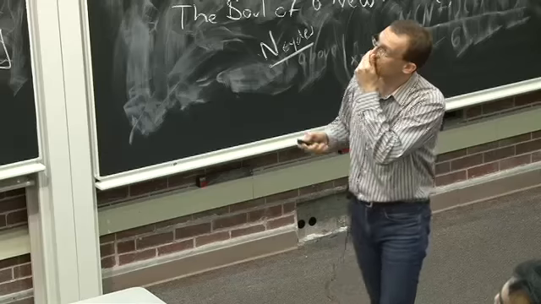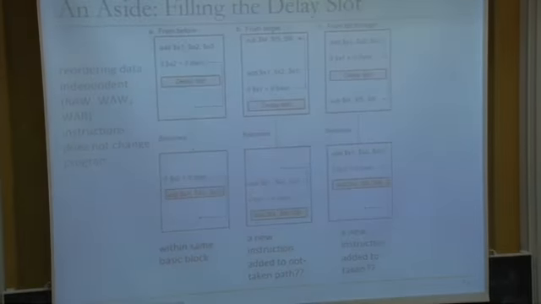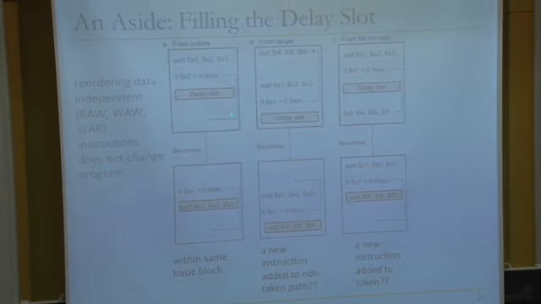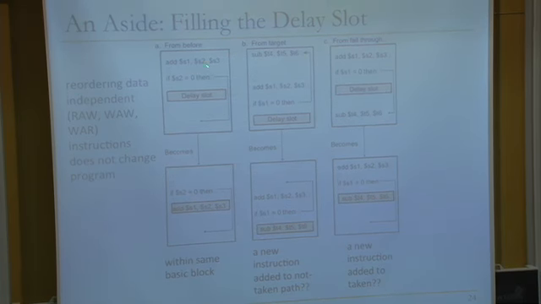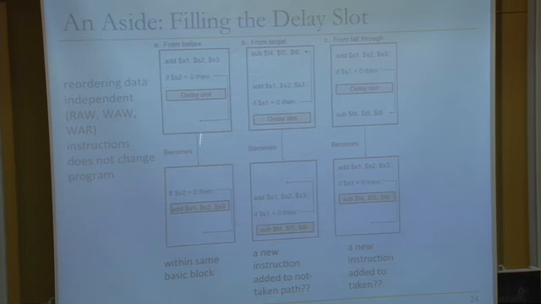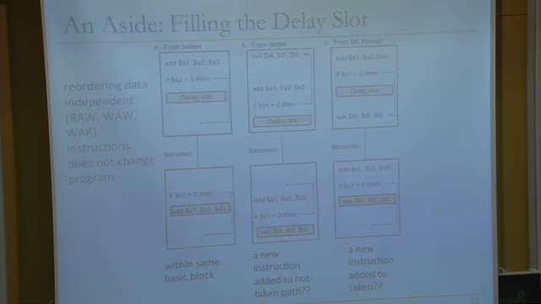Okay, so just as an aside, this is from your book, there are ways to fill the delay slot by doing compiler optimizations. You can reorder data-independent instructions in a way that doesn't change the program semantics. So for example, here, this is the example I gave in my animations, if you will.